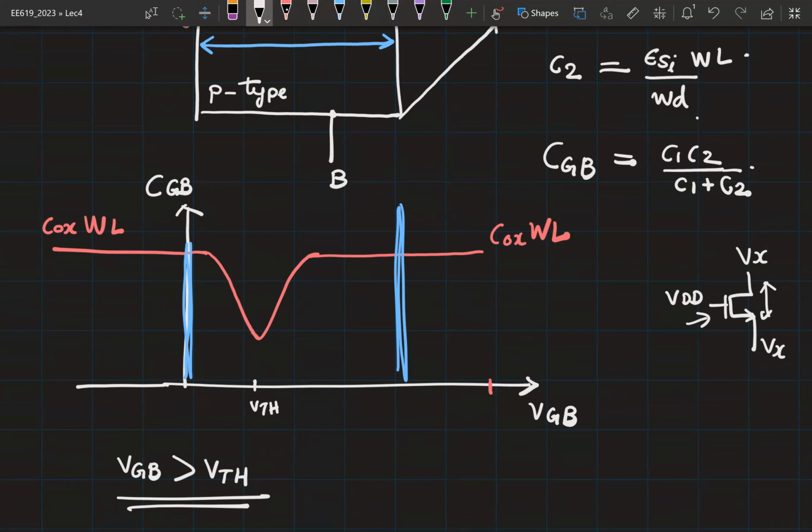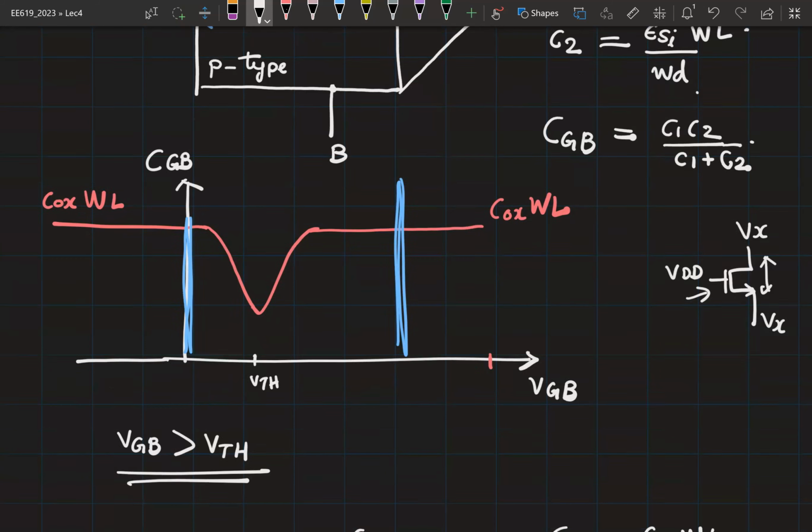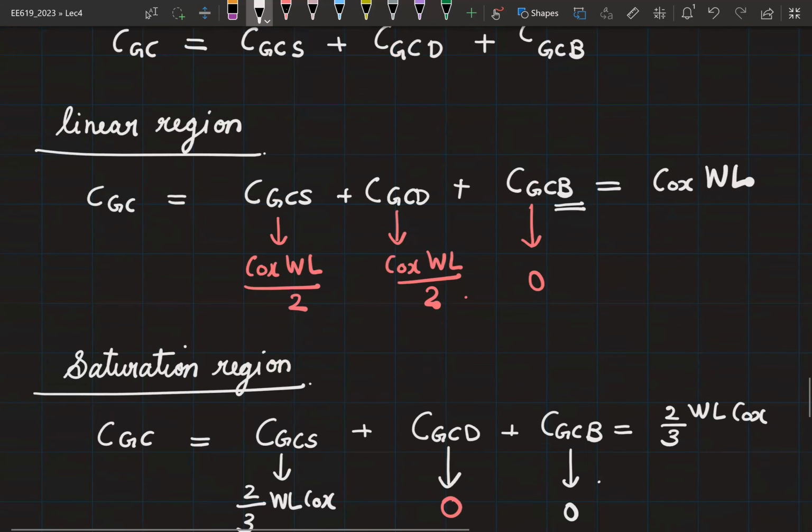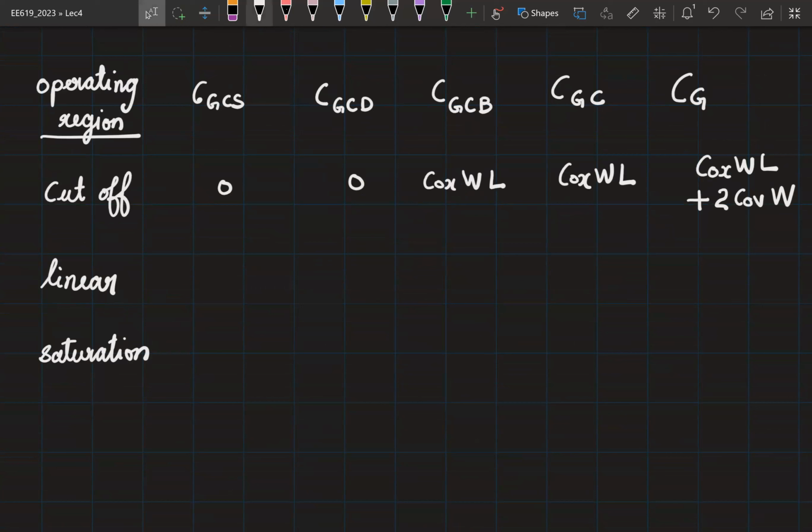So digital circuits, when we talk about the regions of operation, generally the gate voltage is either 0 or VDD. Okay, so let's quickly fill in this table. Actually, why don't you guys fill in this table and then I'll fill in from my end.